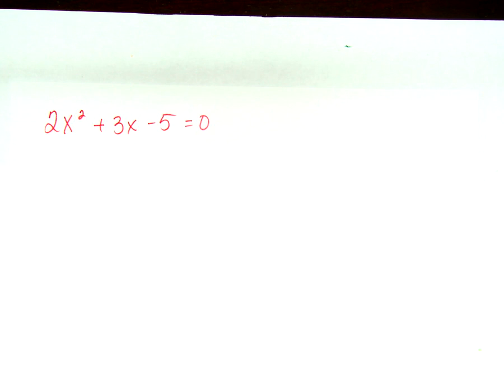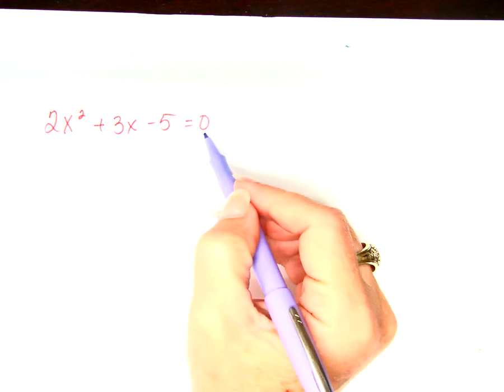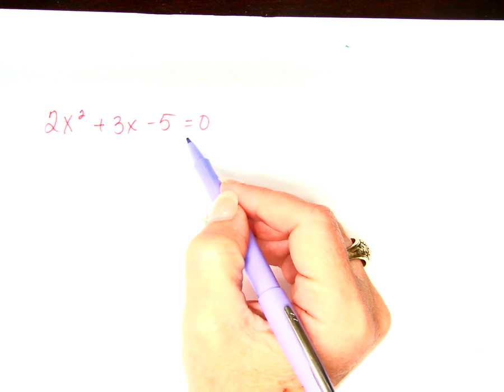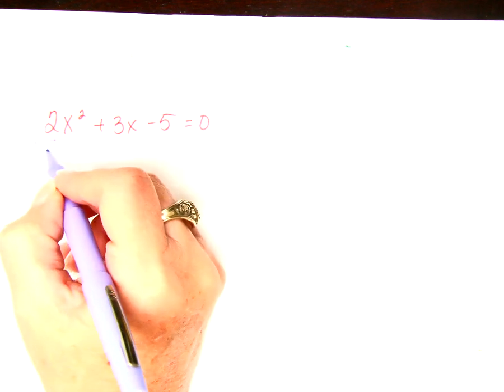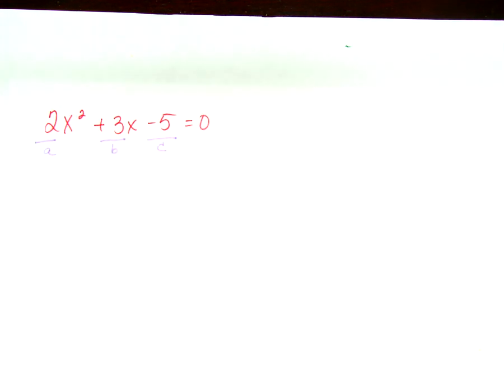So what do we want to do first? So absolutely, we do want to do that first after we make sure what's true. It's set equal to 0. This one is, so we don't have to worry about anything else, right? And once we know it's set equal to 0, then we want to identify our A, our B, and our C. So do I literally want you underlining 2 and writing A, and underlining 3 and writing B, and underlining -5 and writing C?